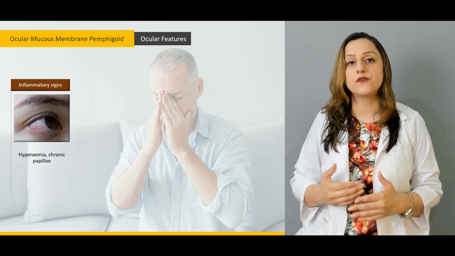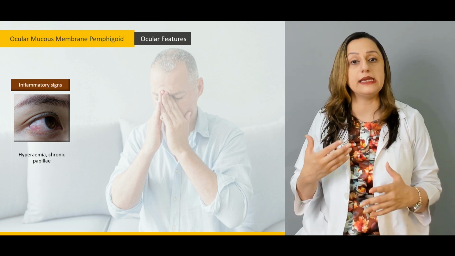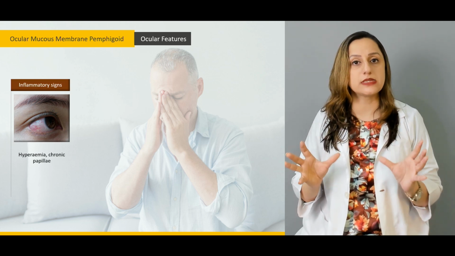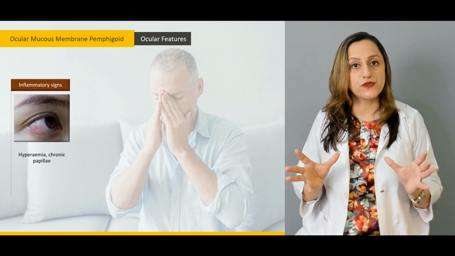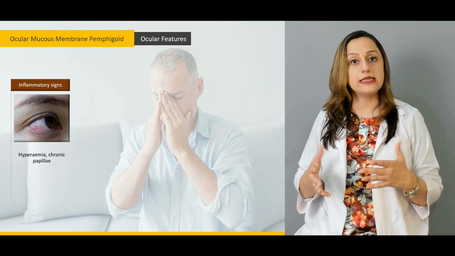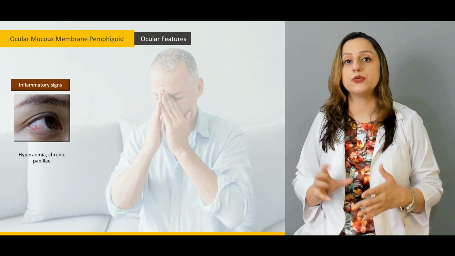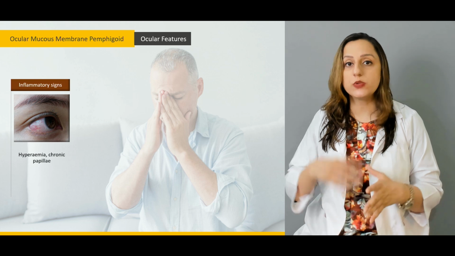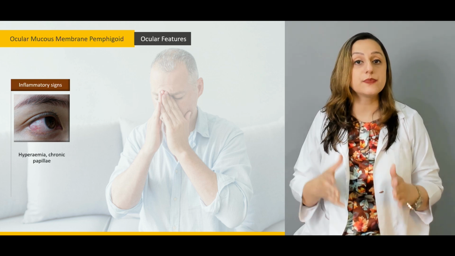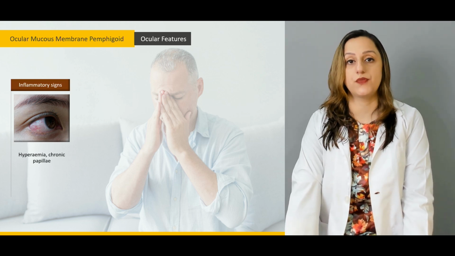We can also confuse it with some forms of viral conjunctivitis, specifically adenoviral conjunctivitis, in which we have that cobblestone appearance, with large papillae formed, the giant papillary conjunctivitis. These can be included in the differential diagnosis of ocular mucous membrane pemphigoid. Only further investigations in a particular case would reveal whether the patient is suffering from ocular mucous membrane pemphigoid or any other condition.